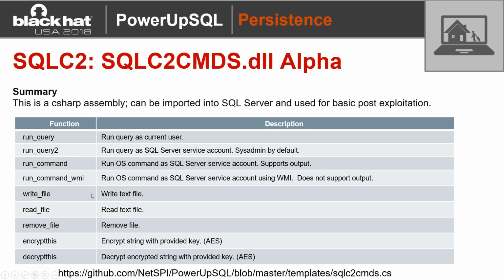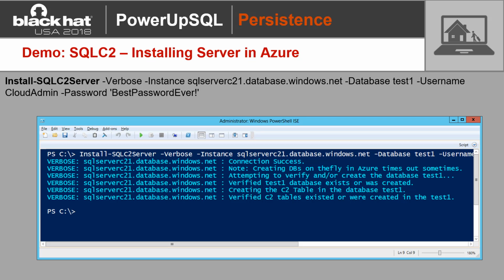You can run commands through the standard CLR method or via WMI, write to a file, and do basic file stuff. If you're moving sensitive data back and forth, you can encrypt and decrypt with AES-256 with a provided key on both ends. So it's at least a starting point. Eventually, there'll be other more common toolkits or functionality baked in there.